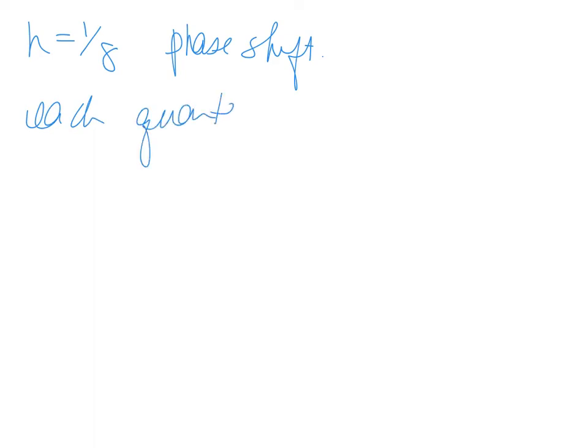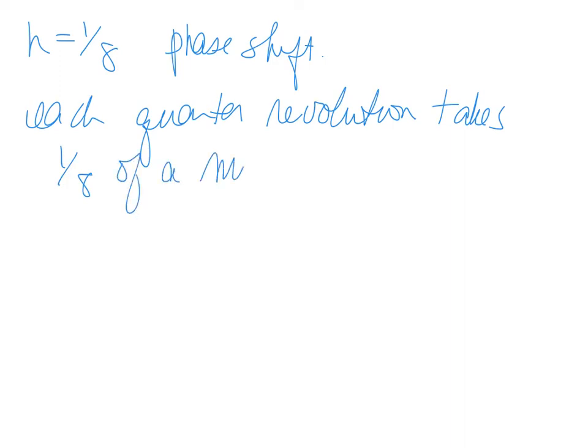So the phase shift is h equals 1/8. That's our phase shift. That just means that each quarter revolution takes 1/8 of a minute, which is 12.5 seconds.